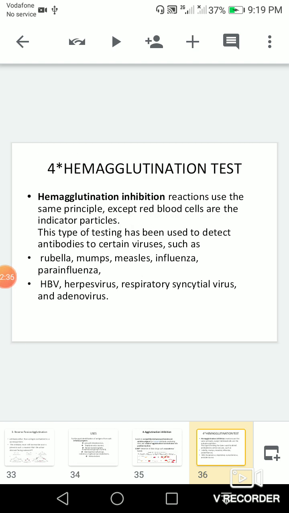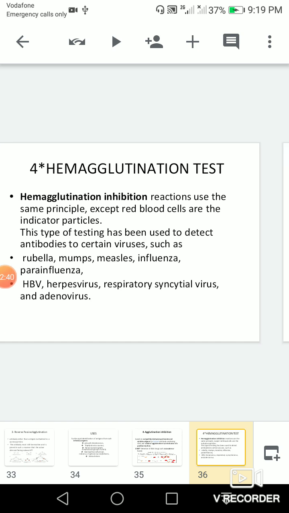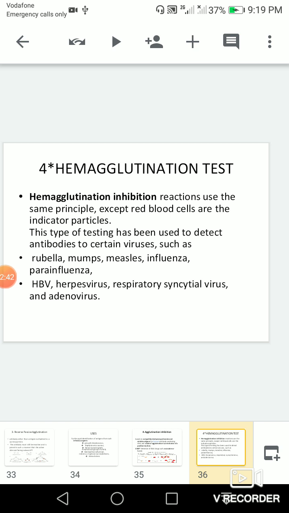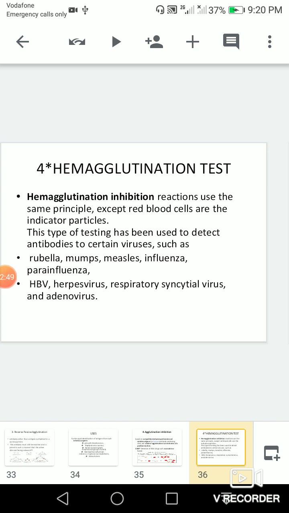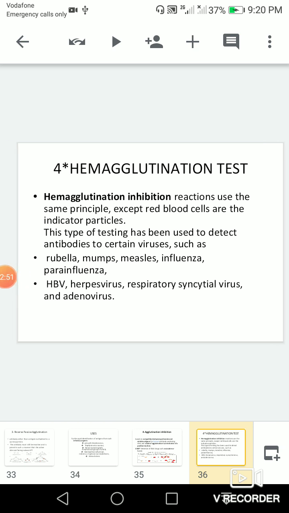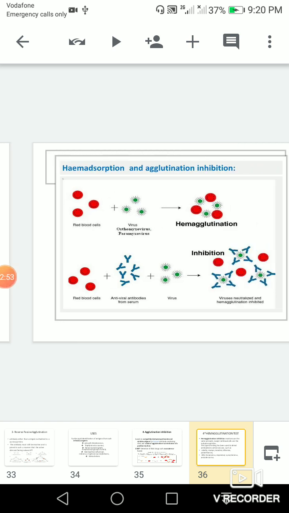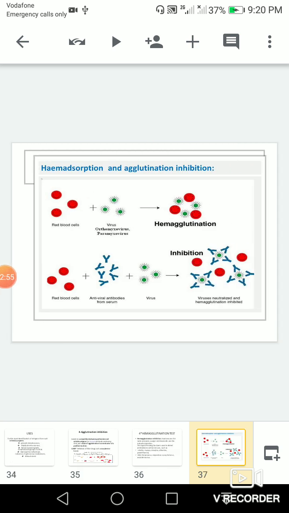What about the hemagglutination test? Here the reaction uses the same principle, except red blood cells are the indicator particle. This type of test has been used to detect antibodies for certain viruses like rubella, mumps, measles, influenza, hepatitis B virus, herpesvirus, respiratory syncytial virus, and adenoviruses. Viruses like orthomyxovirus or paramyxovirus have a tropism toward RBCs.